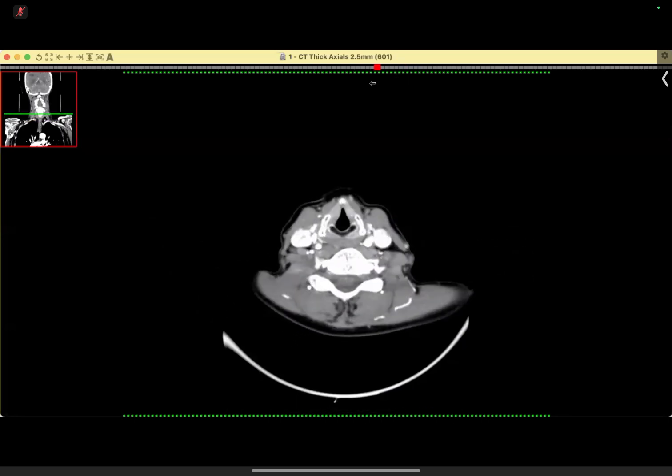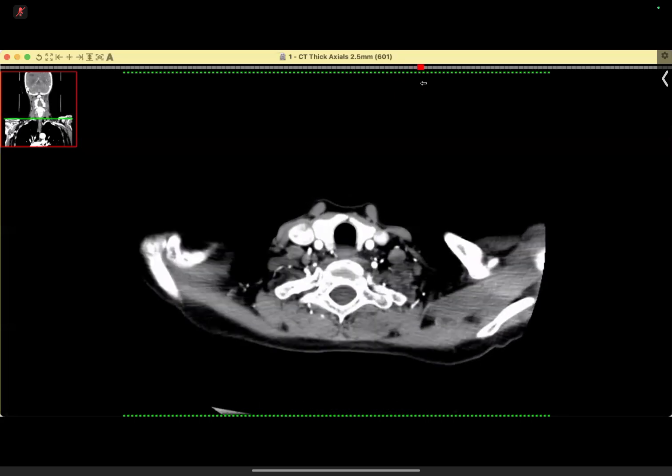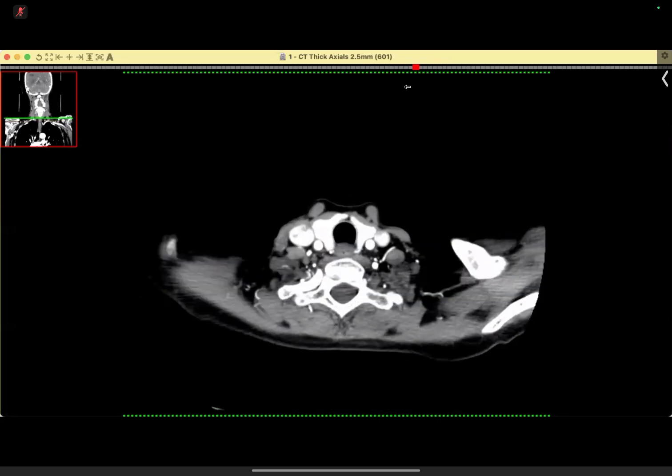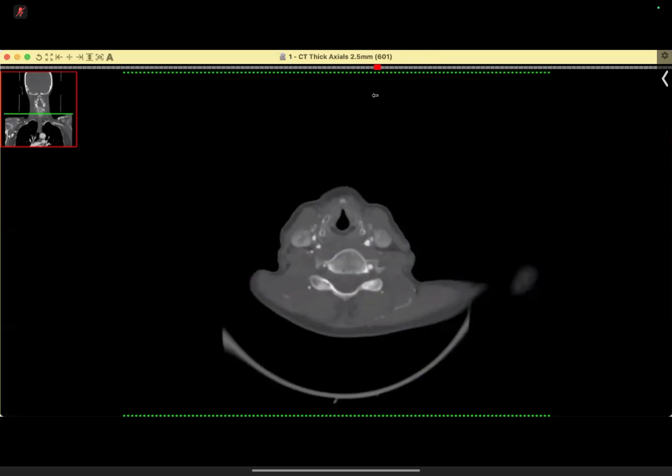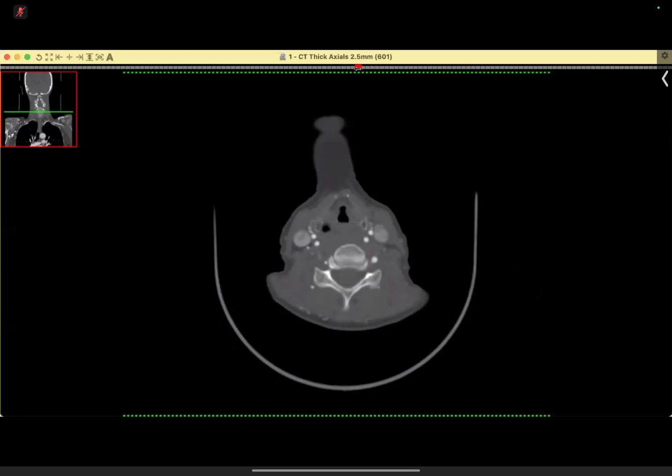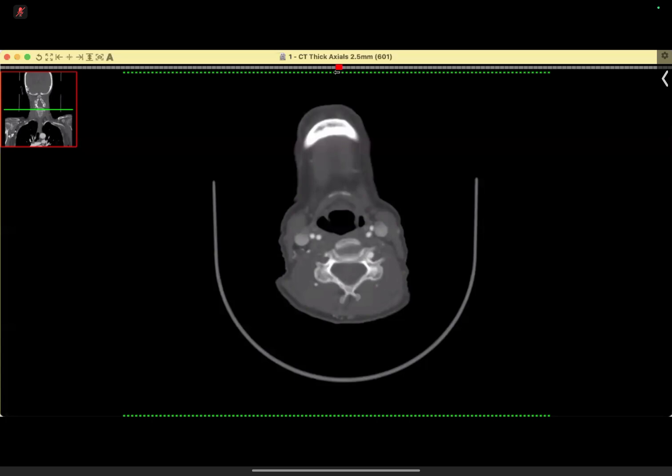I'm seeing through the bilateral common carotid artery and also the vertebral artery in the proximal section, cervical portion. There is reduced caliber of the right vertebral artery from its origin, likely hyperplastic.